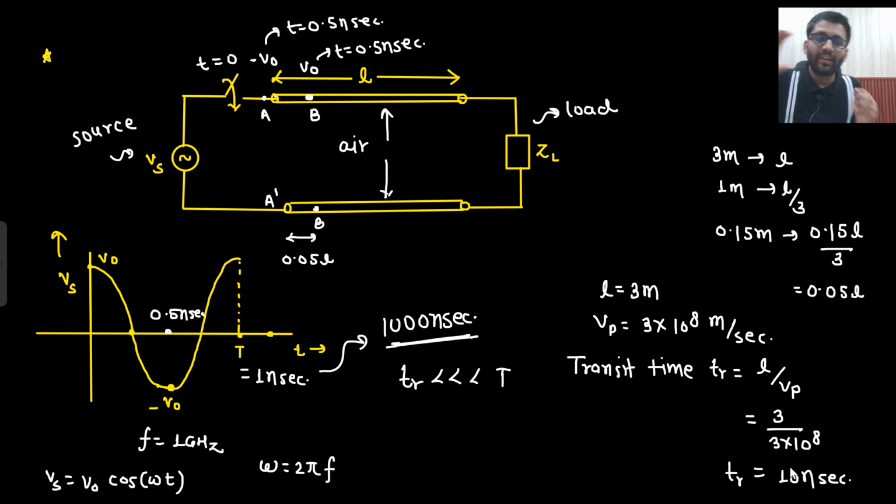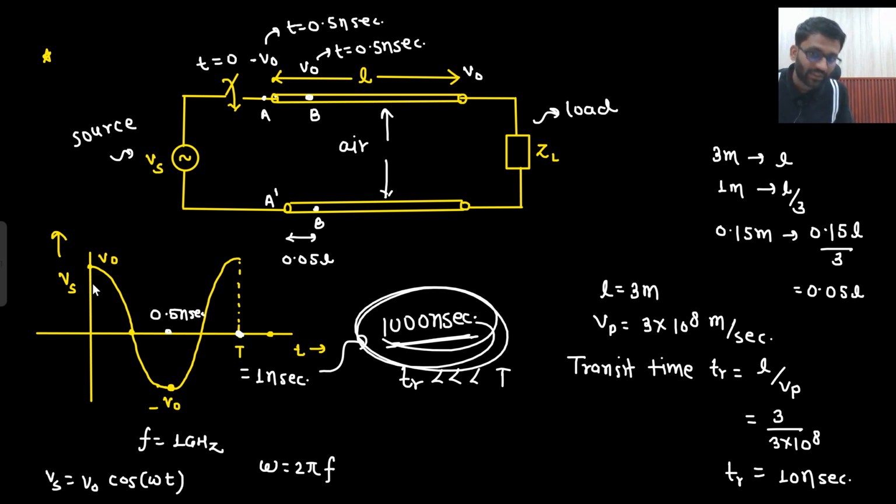That means it will take only 10 nanosecond just as you close the switch for V naught to reach here. And since this is 1000 nanosecond, in 10 nanosecond V naught would have changed by a very minute amount.